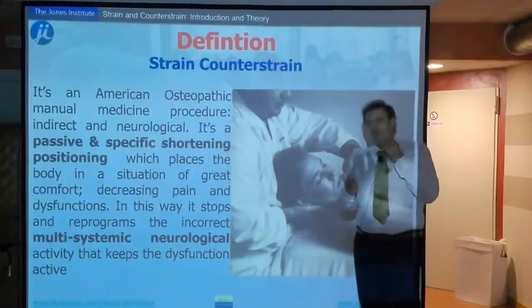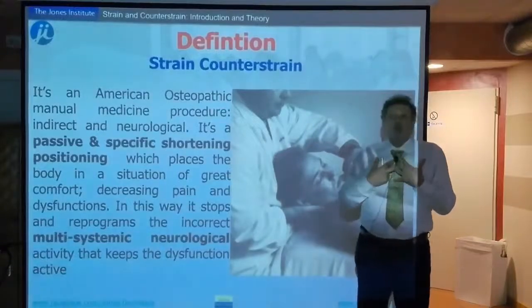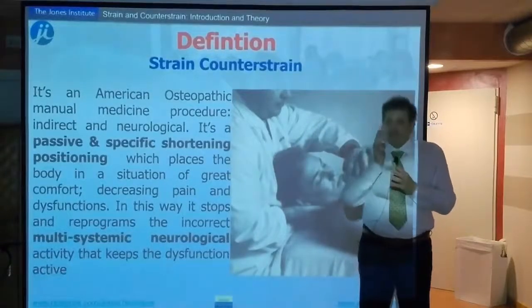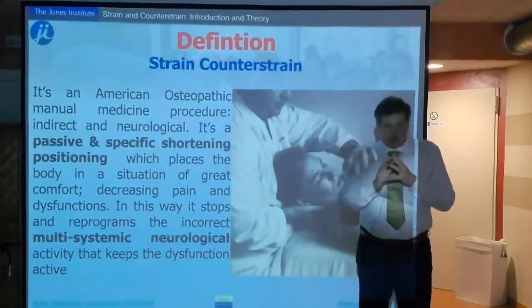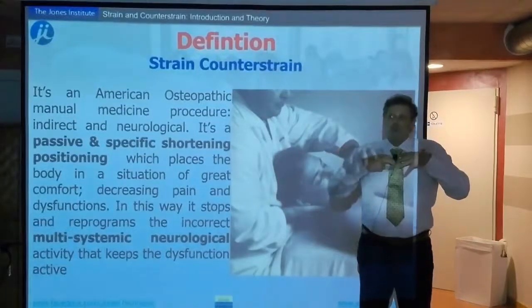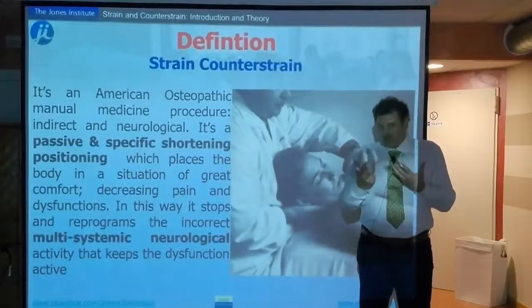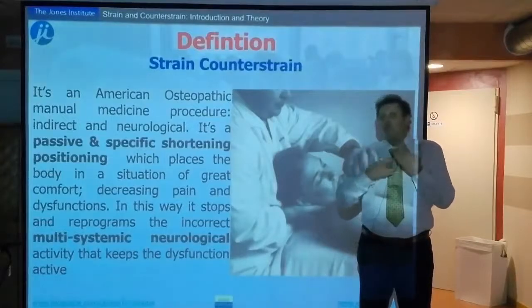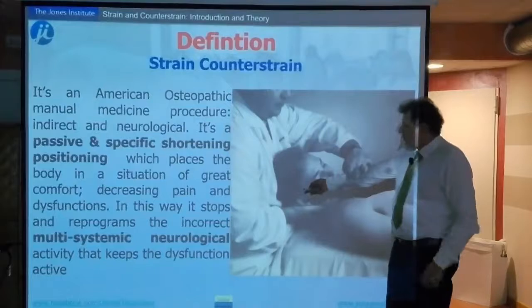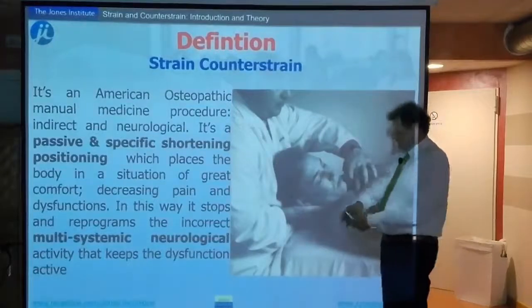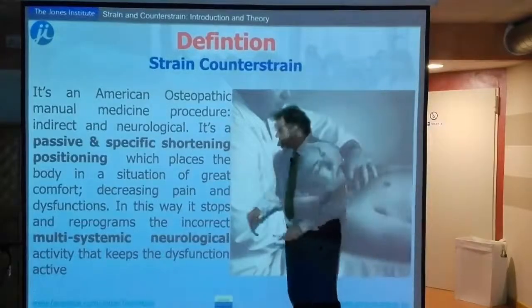But it's not only a shortening, as we all do when we are in pain. It's a specific shortening. It's a major shortening that the body naturally will not do, so we over-shorten the position. And by over-shortening the segment, we not only decrease pain, but we even decrease the dysfunction.